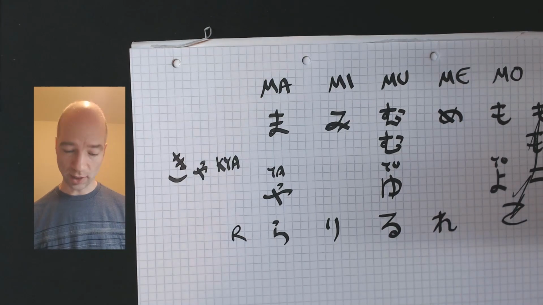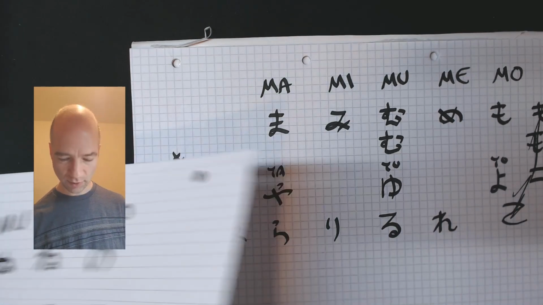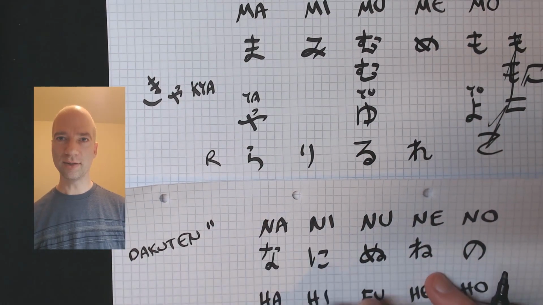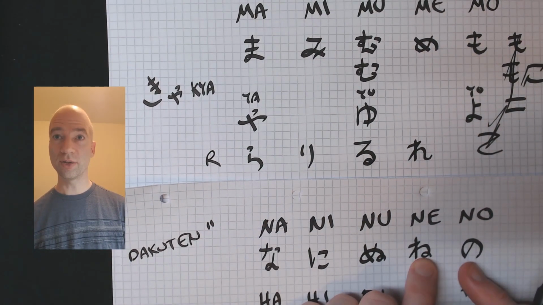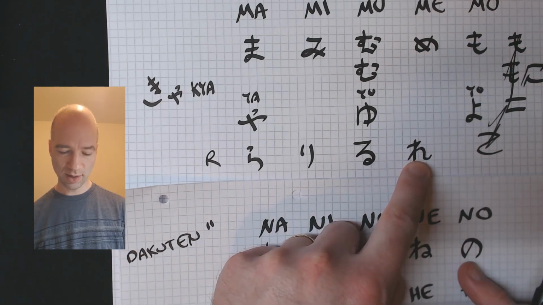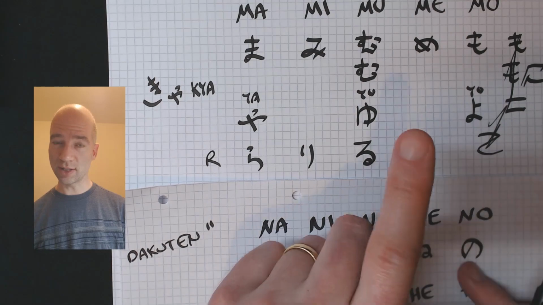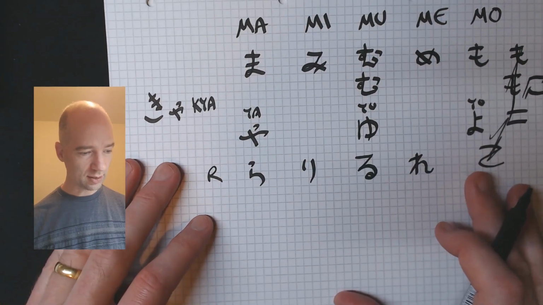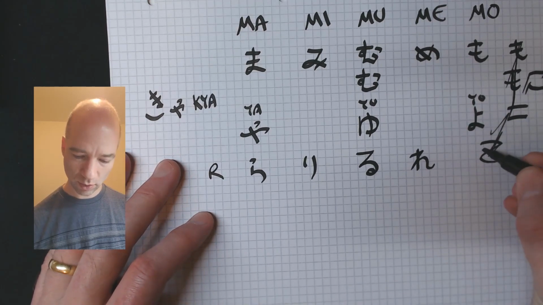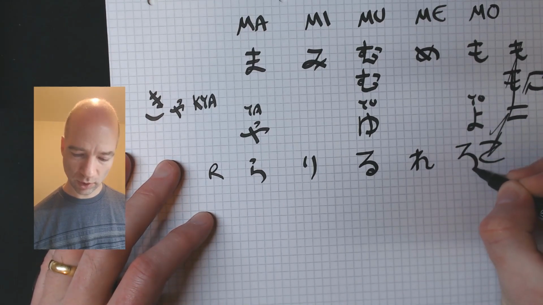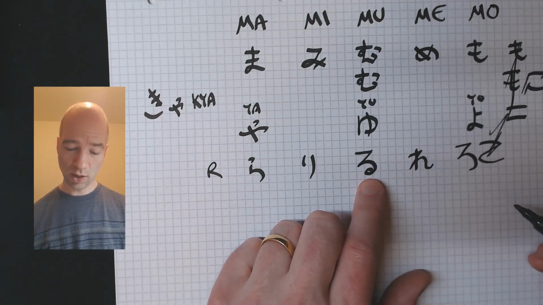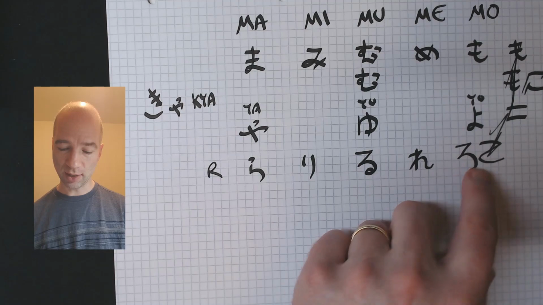Now that looks very familiar because we've seen that before as well. If you remember the ne character, oh, there we are, ne character, it looks like that, and re looks like that, and there's a third one as well that looks exactly like it. We'll do that today as well. And then it's the ro, which looks almost exactly like the ru, but without the round thing at the end.